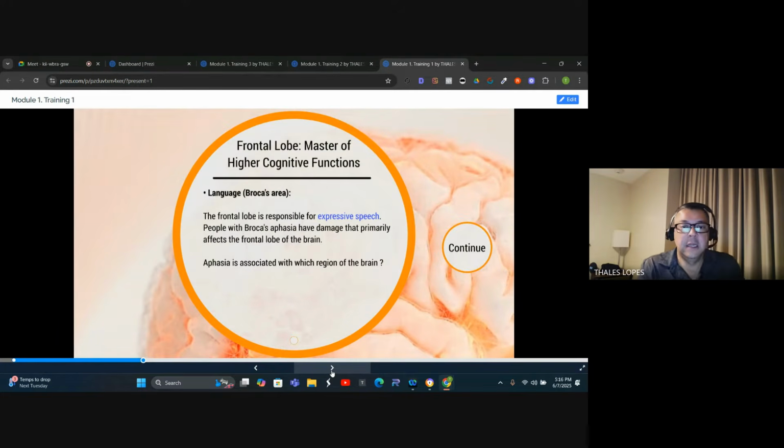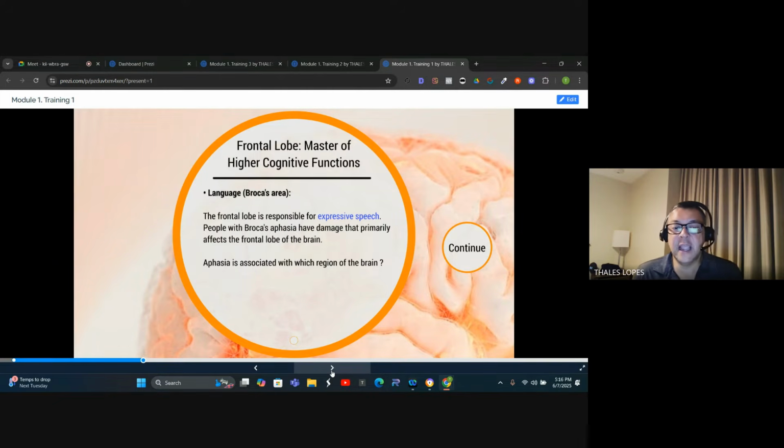Okay. Now, in the frontal lobe, we have Broca's area, which is responsible for expressive speech. When you are able to talk, right? That is the expressive speech.